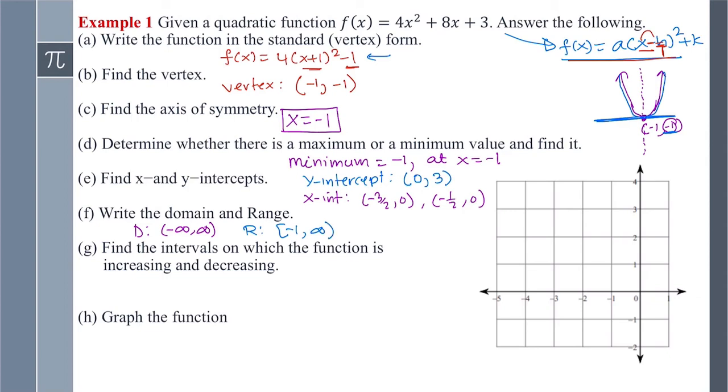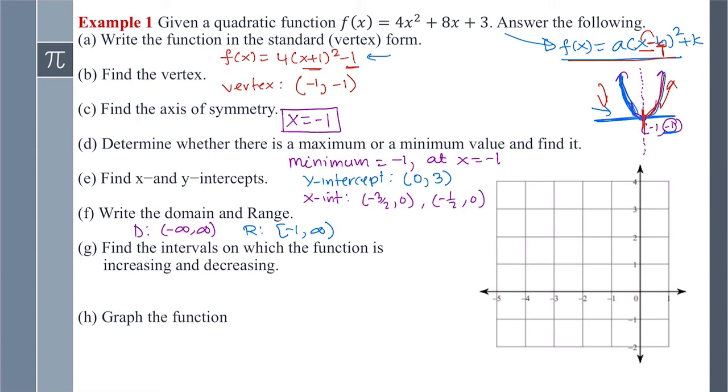Now again, to write the interval where the function is increasing and decreasing, I'm going to look at my sketch again. I know that the function is decreasing right here because when we go from left to right, the graph drops down. So this part of the graph, okay, and then it is increasing right here. So from the vertex, this is increasing, this is decreasing, this is increasing.